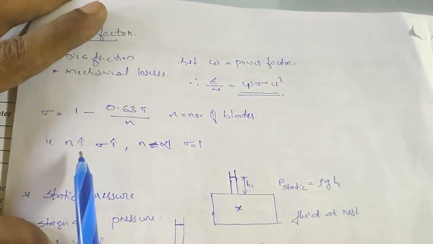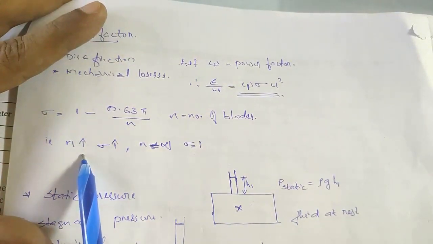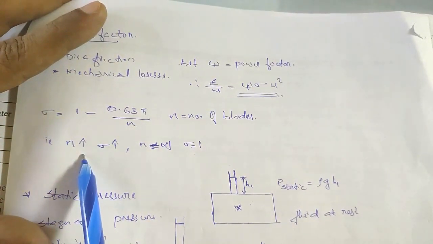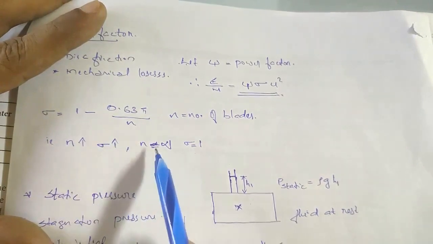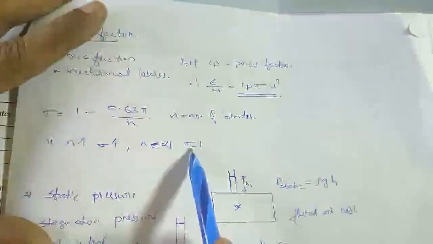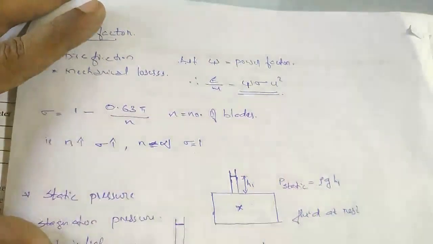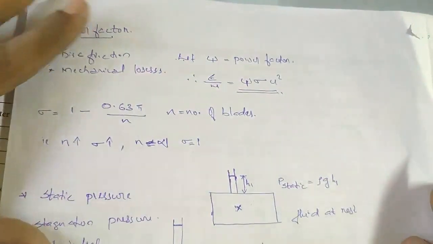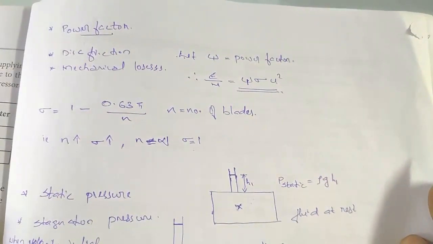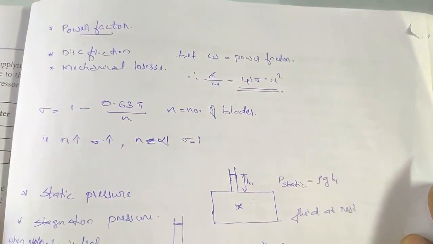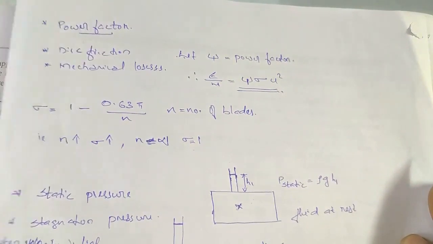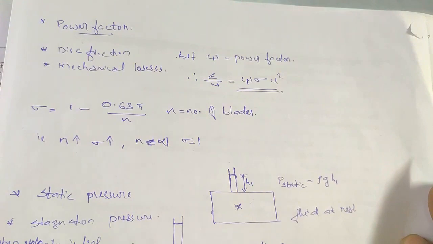That means when the number of blades is increasing, sigma increases, such that when n is infinity, sigma is equal to 1. So by increasing the number of blades, we can reduce the effect of slip. Understand? So energy per unit mass is equal to sigma U2 square.